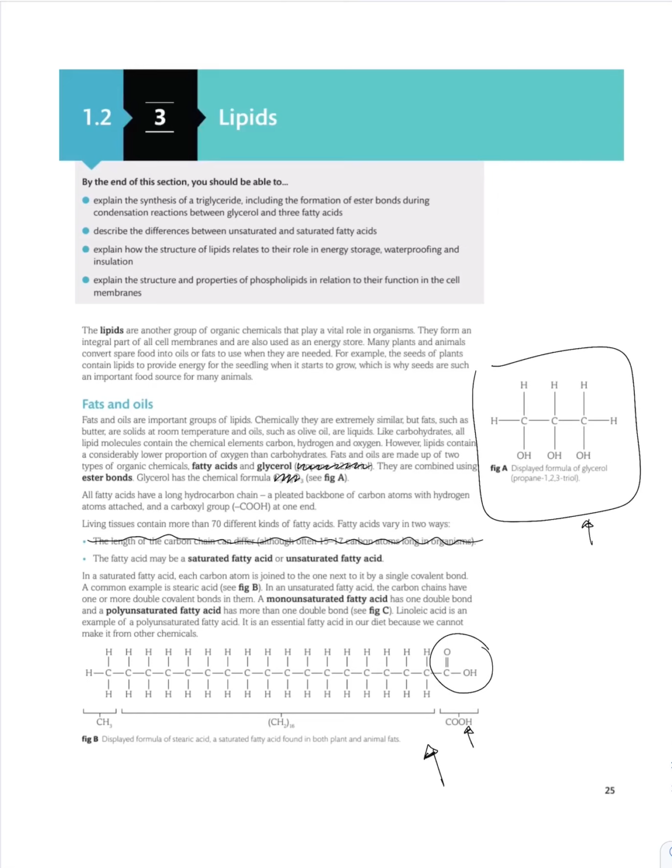In an unsaturated fatty acid, the carbon chains have one or more double covalent bonds in them. A monounsaturated fatty acid has one double bond, and a polyunsaturated fatty acid has more than one double bond. Linoleic acid is an example of a polyunsaturated fatty acid. It is an essential fatty acid in our diet because we cannot make it from other chemicals.